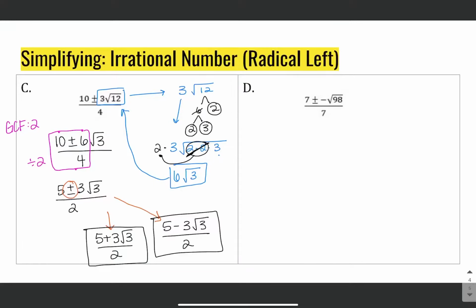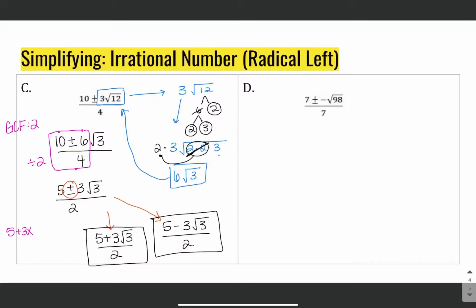And real quick, sometimes students want to know why they can't actually add 5 and 3 and subtract 5 and negative 3. Well, it's because this 5 does not have a radical 3. For example, if I had 5 plus 3x, can I combine that? No, because this 3 has the x.